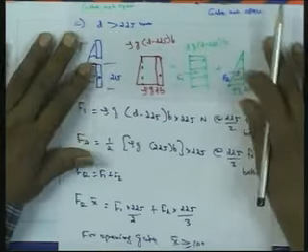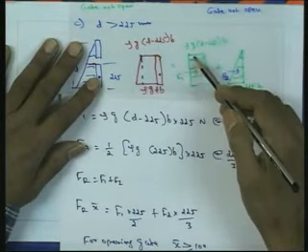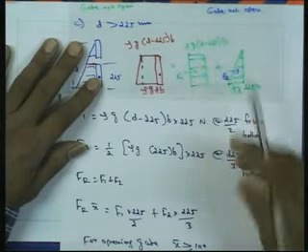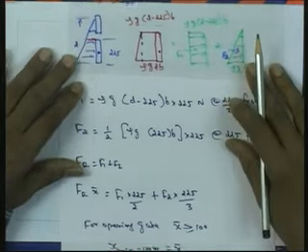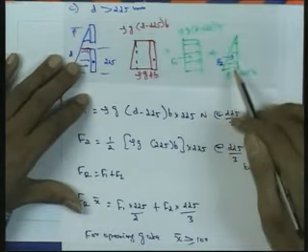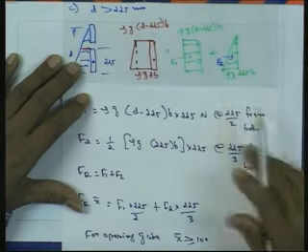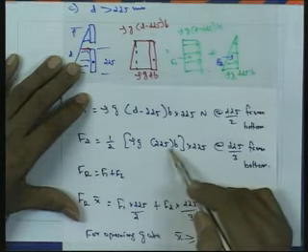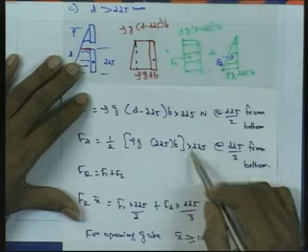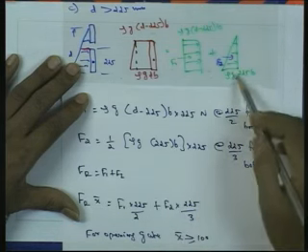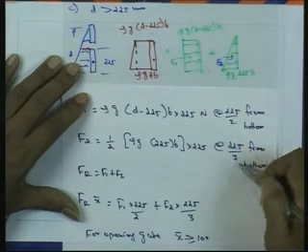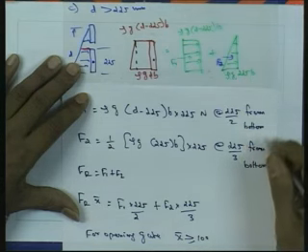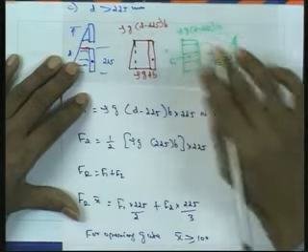That corresponds to the force distribution F1. Then we can determine F2 for the triangular pressure distribution. F2 is equal to half into rho into g into 225 into B multiplied by 225, acting at 225 by 3 from the bottom. Here we are assuming D is the limiting case of 225.